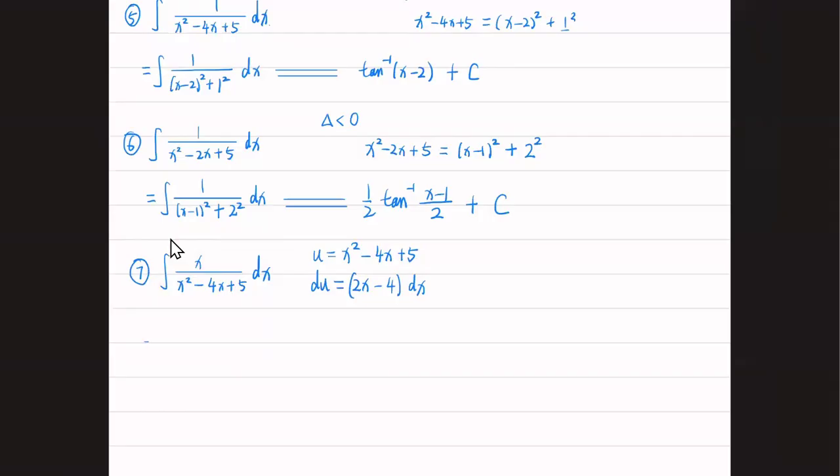This will be 1/2 of 2x. We need 2x minus 4, but only have 2x, so I will make a plus 4.